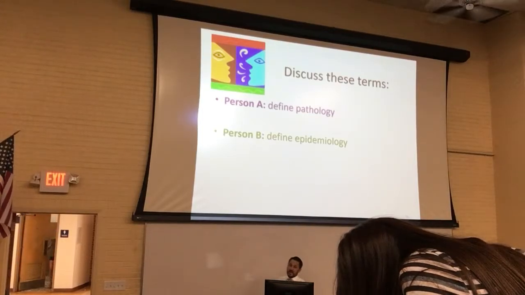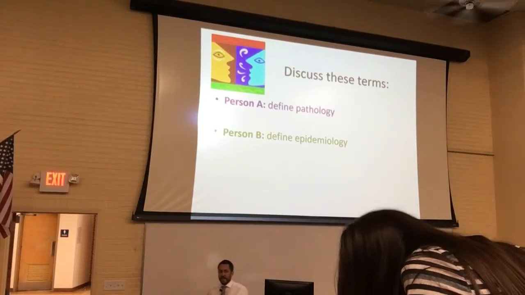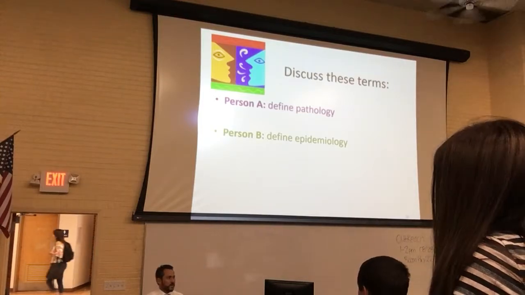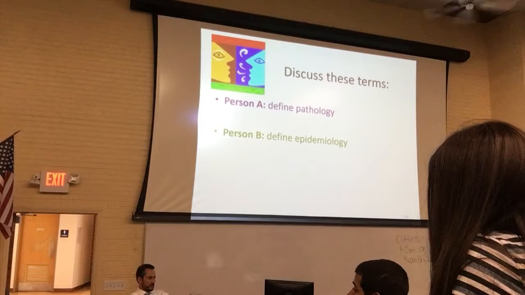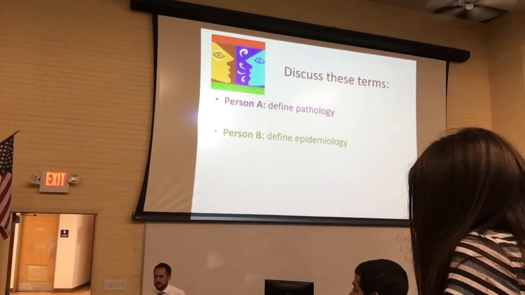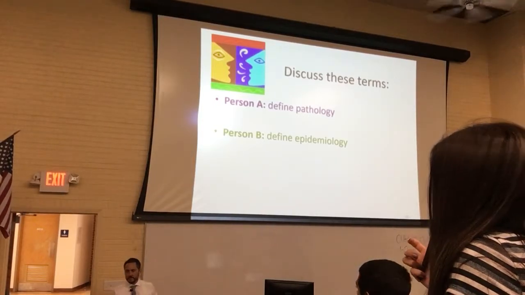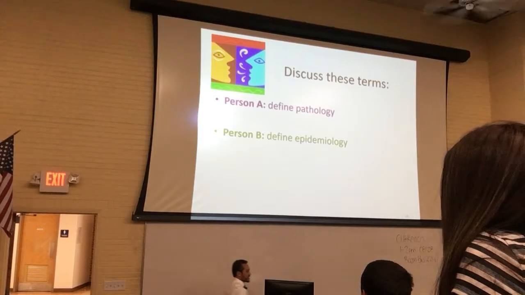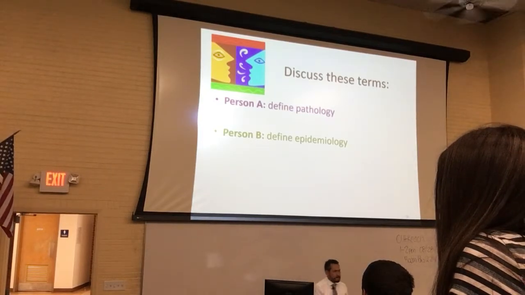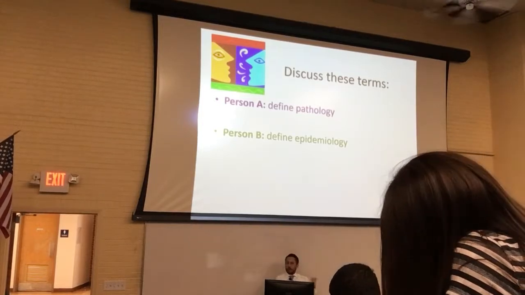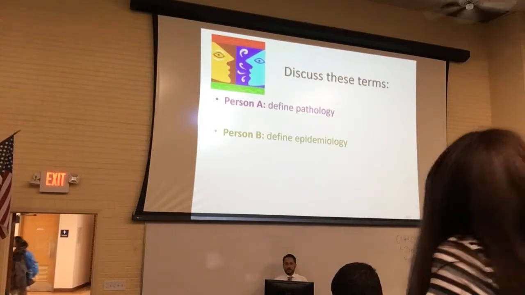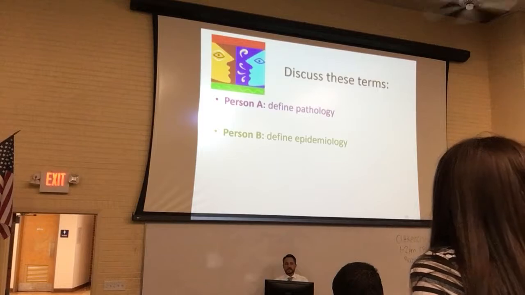How about epidemiology? This one's usually a little bit more challenging of a term to define. Let's go with somebody new and we'll come back. Ladies first, how's that? Epidemiology, the study of the causes of diseases. So not exactly causes. Causes might be part of that process, or the causatory events.